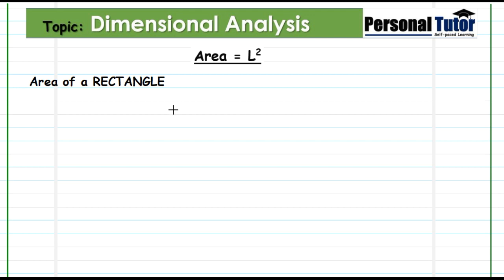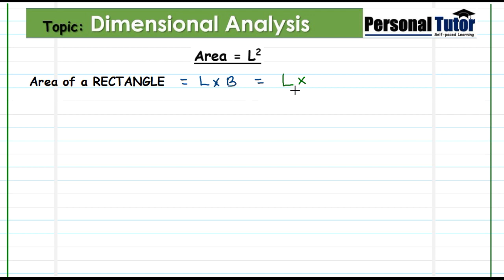Let's start from the area of a rectangle. Mathematically, the area of a rectangle is expressed as length times breadth. So that is the formula. If that is true, then we need to convert each of them into their dimensional form. Now take note that length has the dimension L, times breadth.